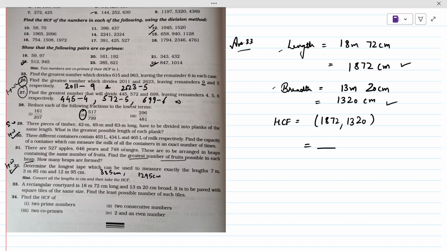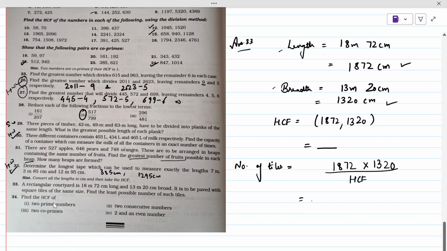Once we have that number, next we have to find the least number of possible tiles. We know the length and the breadth of the rectangle is given to us. So we have 1872 multiplied by 1320, which will give us the area. We have to divide that area by the square of the HCF, the area of one tile, and we will get the number of tiles required. Okay, this is easy.